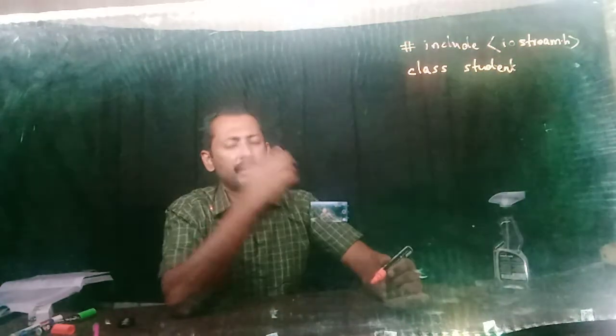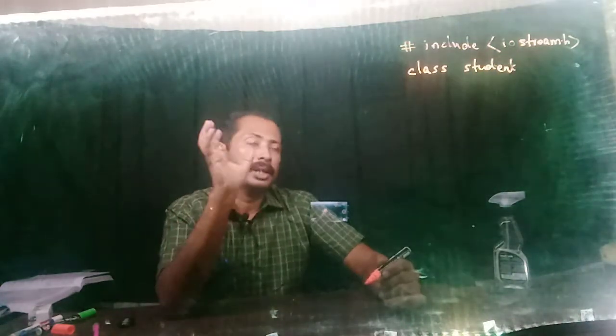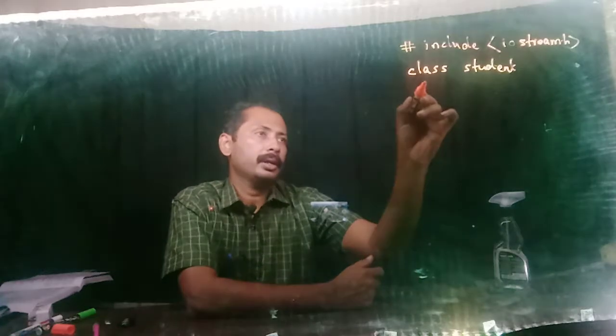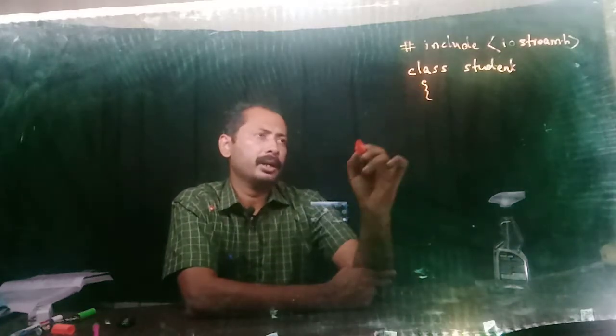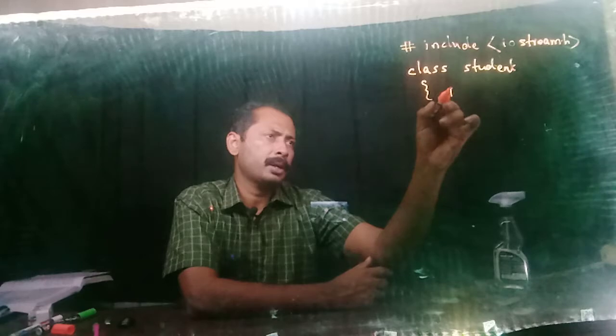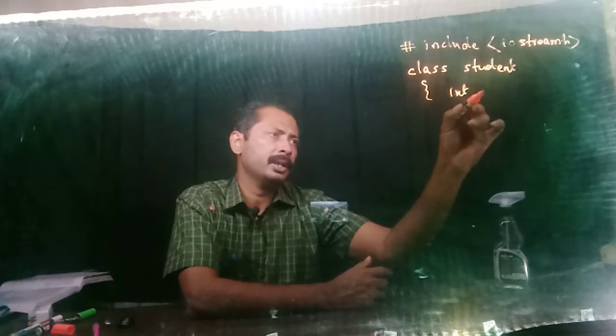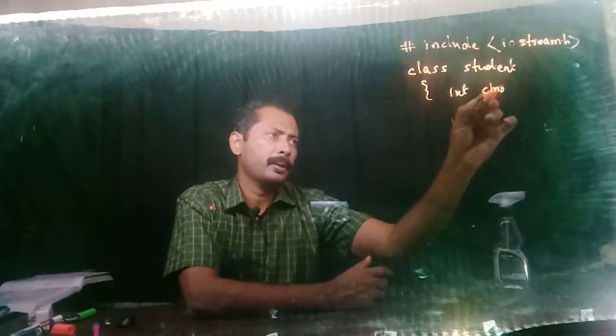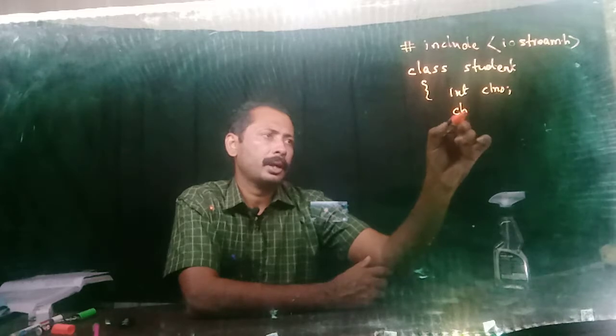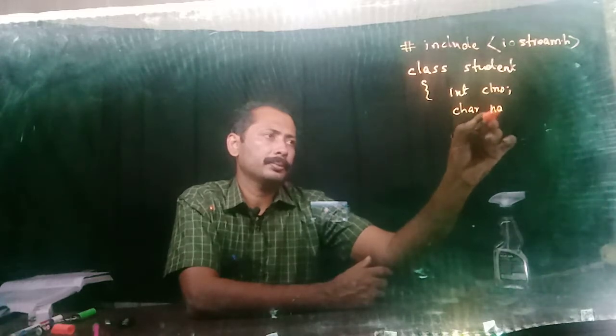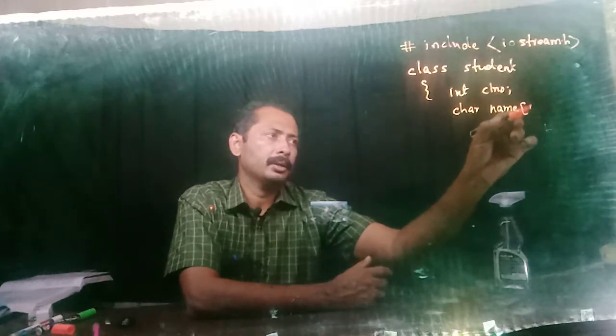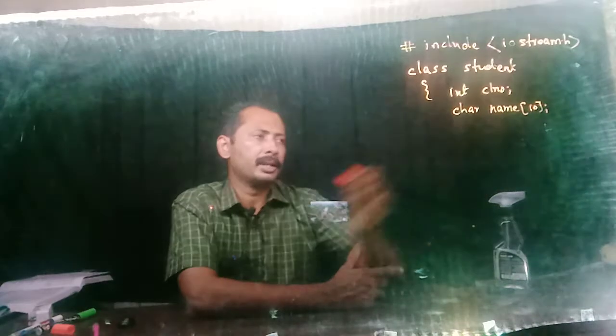So I am defining a class called student, and inside that I am defining some variables which are private by default, that is int class number, character name 10.